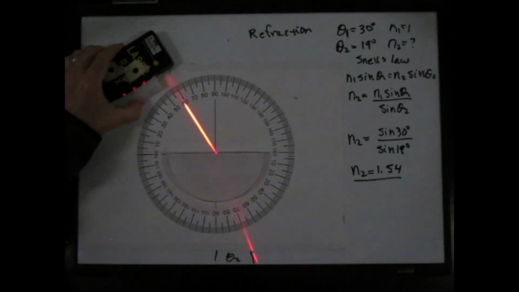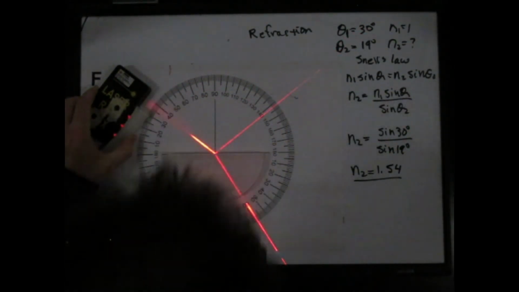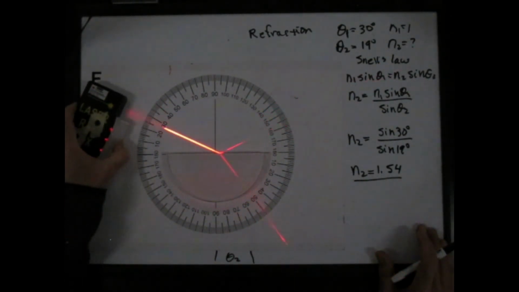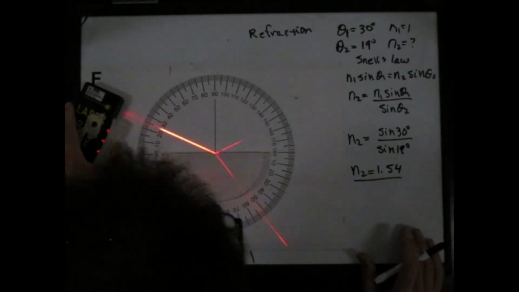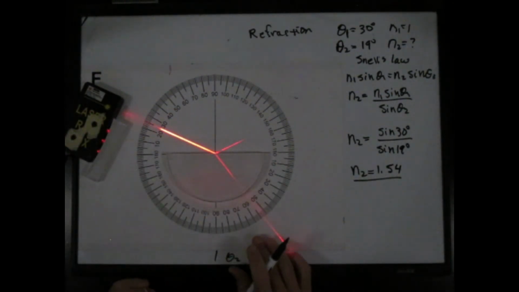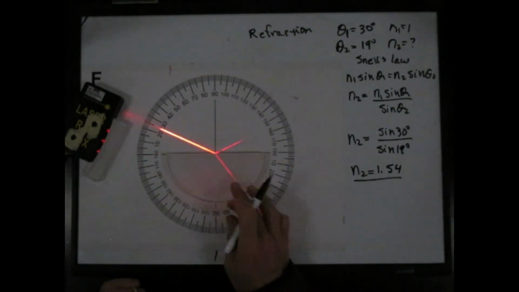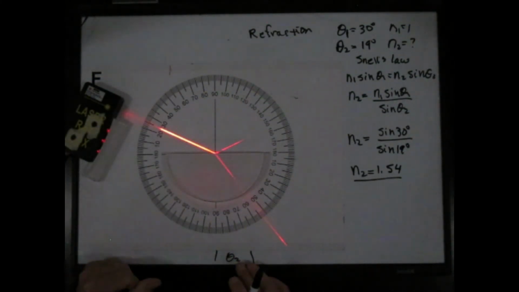I can bring this guy all the way around, and you'll see that as I get closer and closer to the grazing angle, more and more of the ray gets reflected than refracted, but it's still getting refracted, and you can still see that it gets bent more and more as it comes all the way down to the surface.